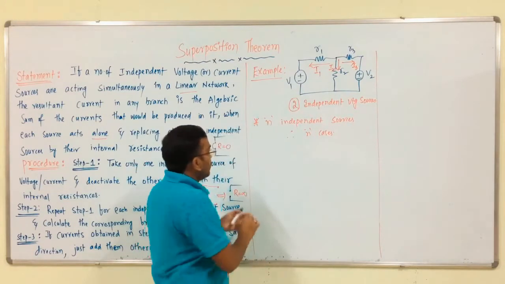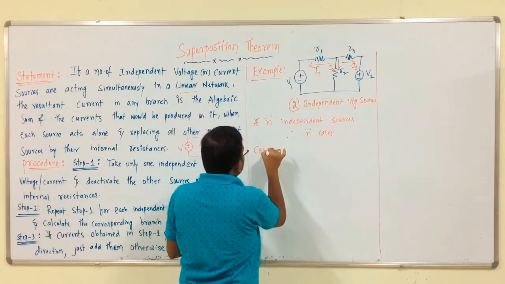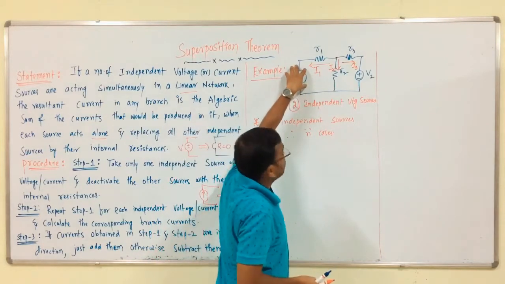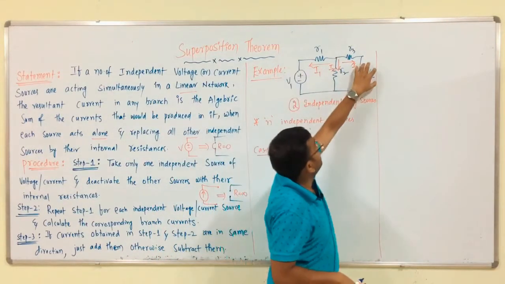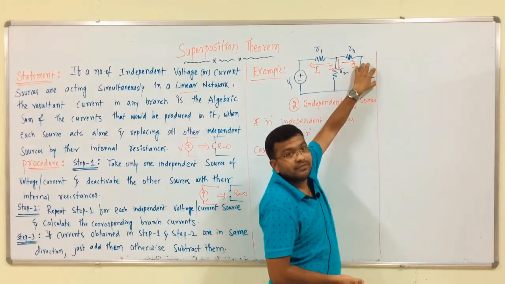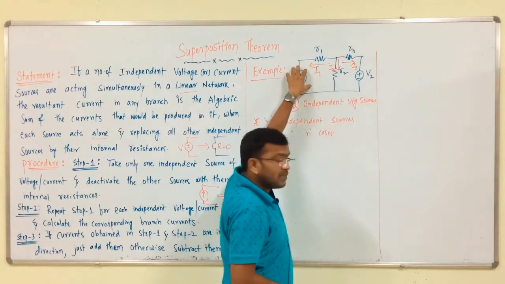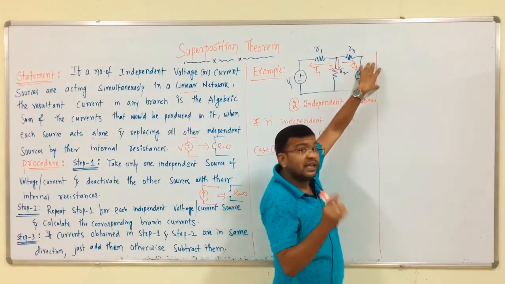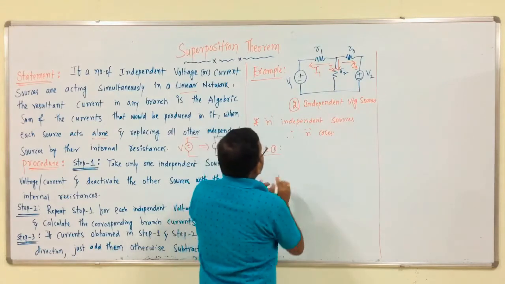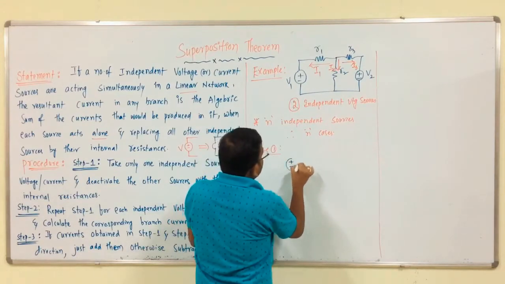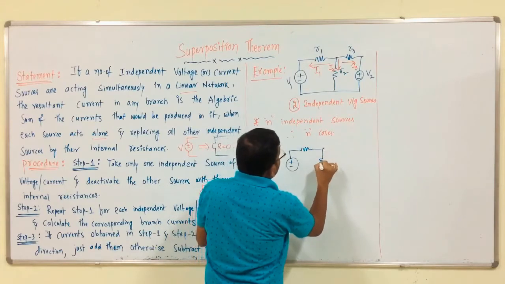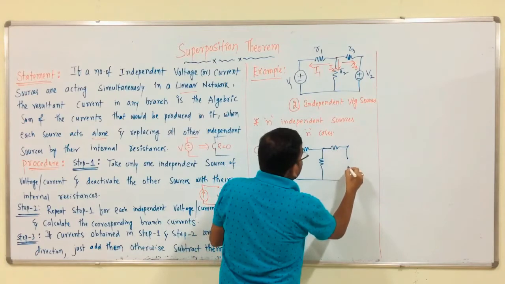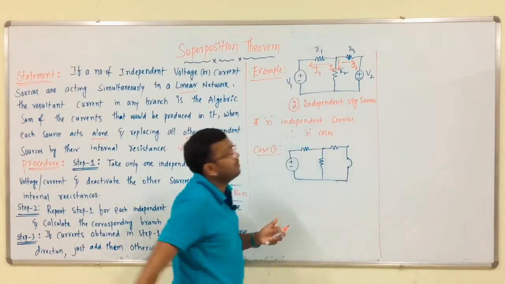So, case 1 means only this source should be active, this should be deactivated. We activate this voltage source V1, and the other voltage source in case 1 should be short circuited.